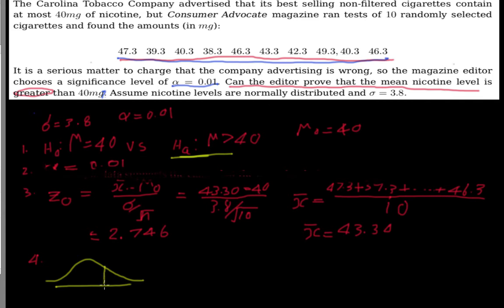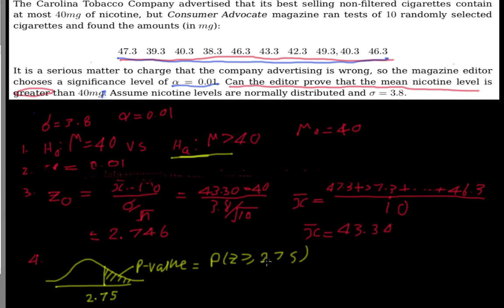So this is the 2.746. I round it to 2.75. Therefore, this is the p-value.